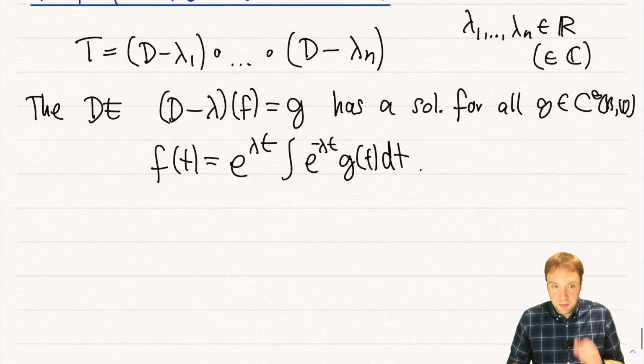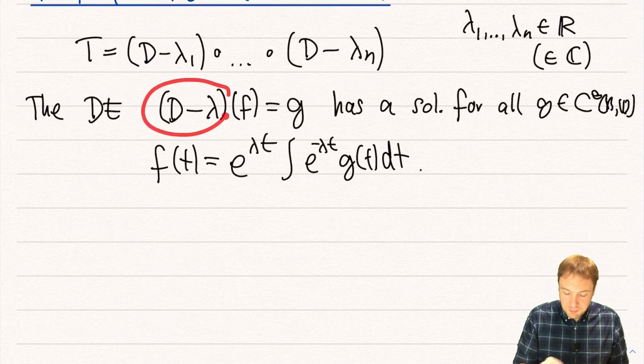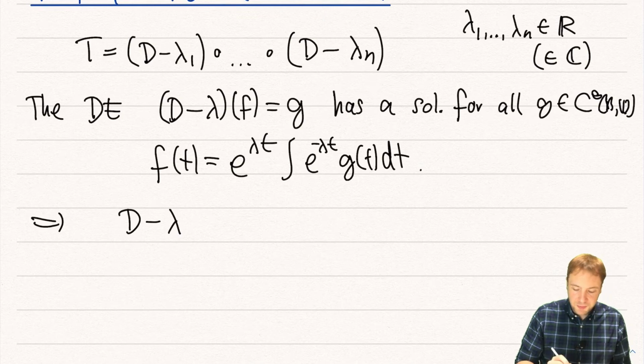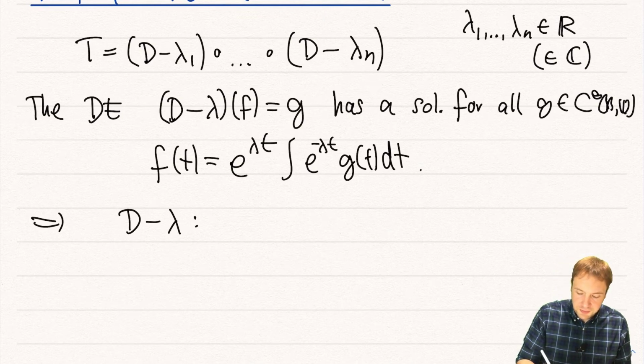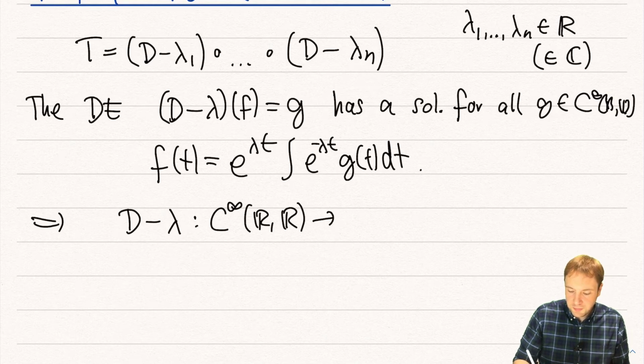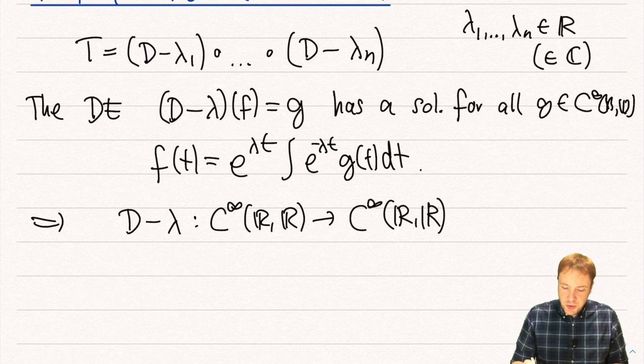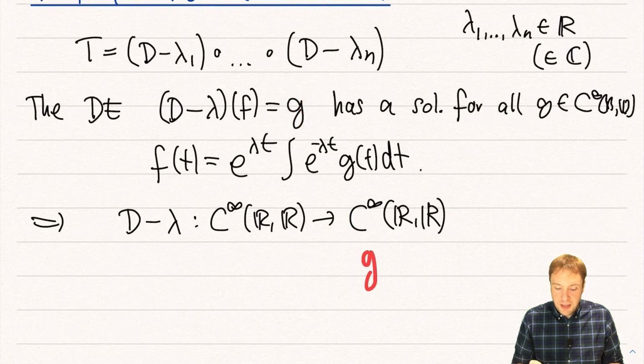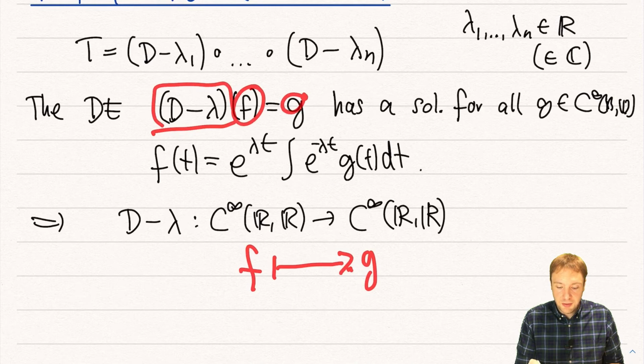So in other words, this map here is a differential operator, so in particular a linear map from the space of smooth functions to the space of smooth functions. What we showed is that if we start with some g, then we can always find an f such that f gets mapped to this function g, because if we apply this operator to this f, we get this g.